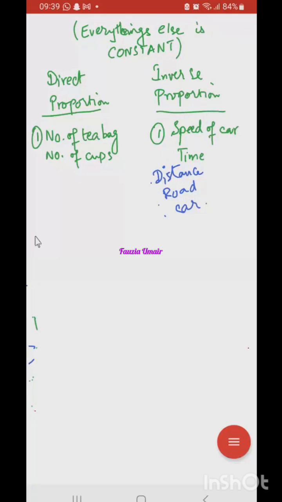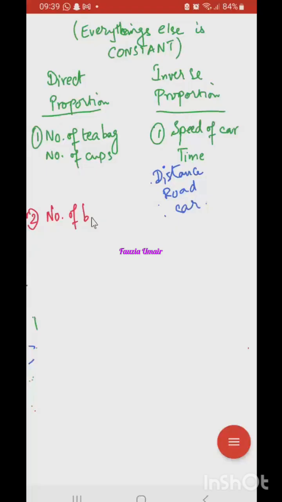Number of bikes to number of cars cannot be compared by anything. So we can say number of cars with the cost. The more the cars, the more the cost would be.